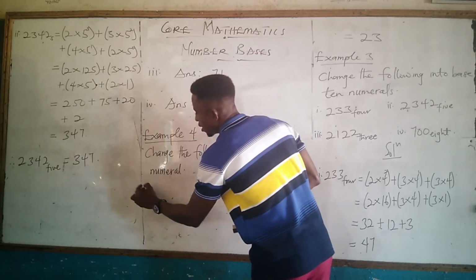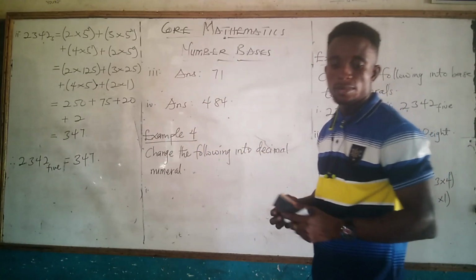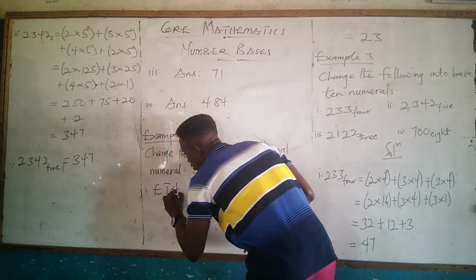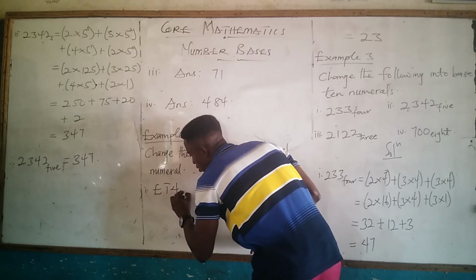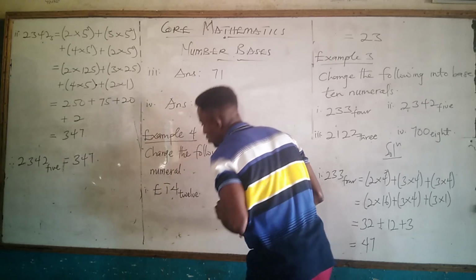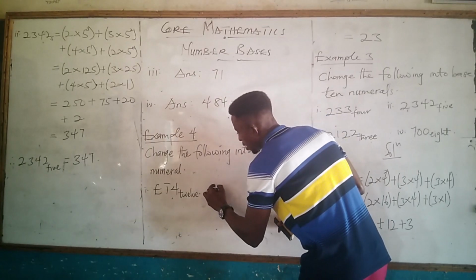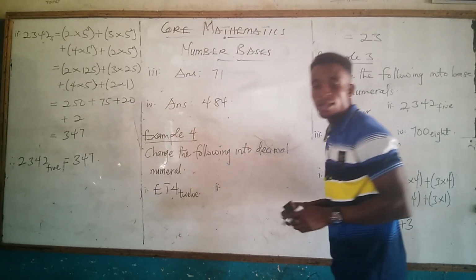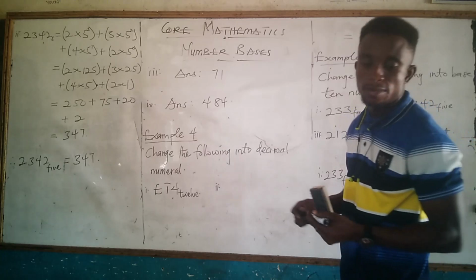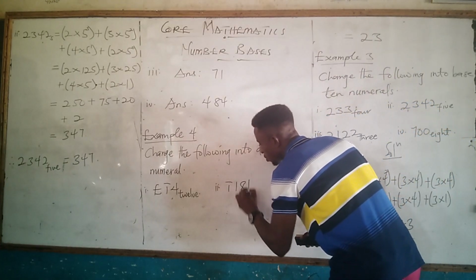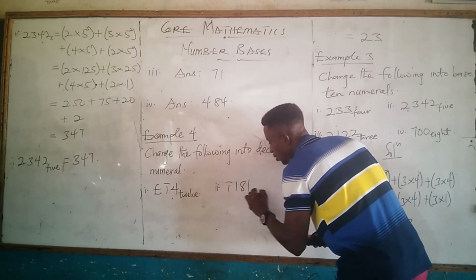So I have I, ET4 base 12. II, T181 base 12.